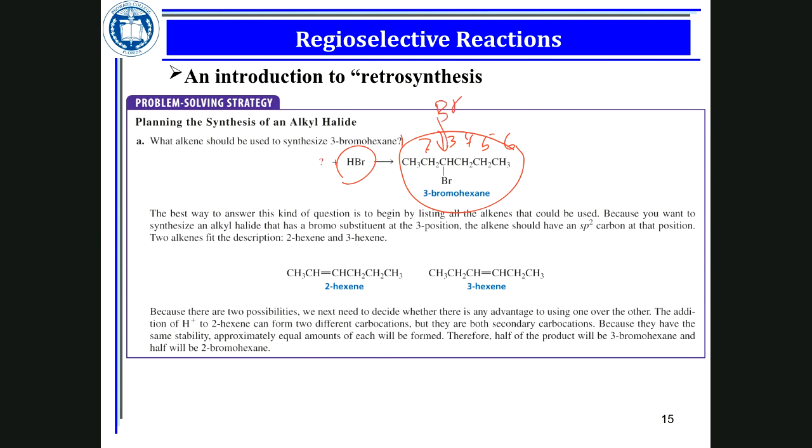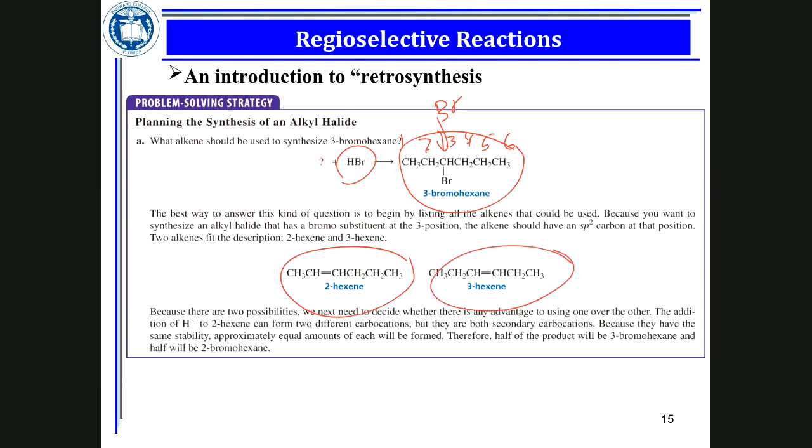Where is hydrogen added? In this case, it could be added to carbon 2, or it could be added to carbon 4. So originally, the carbon-carbon double bond would be either on the left side of the carbon with the Br or on the right side of the carbon with the Br. And either one of these can give you the same product.